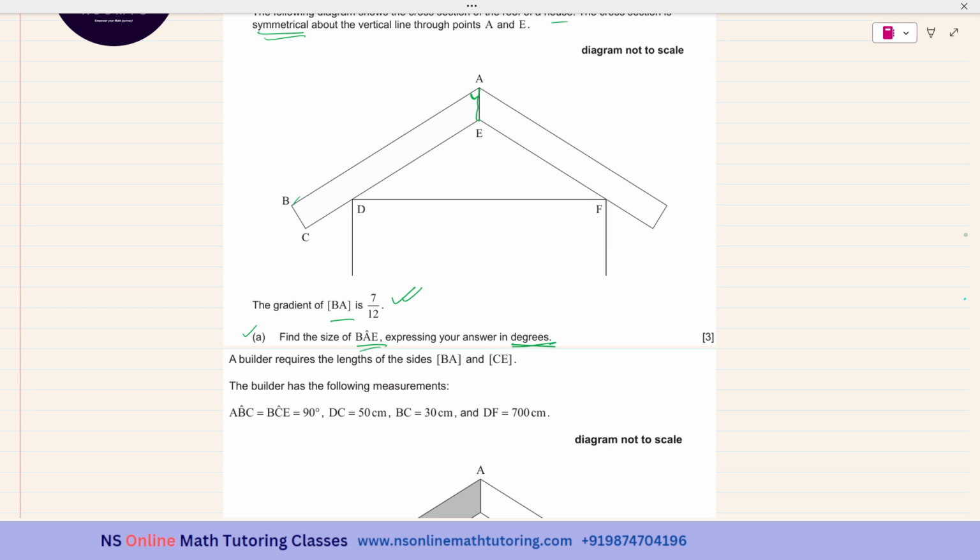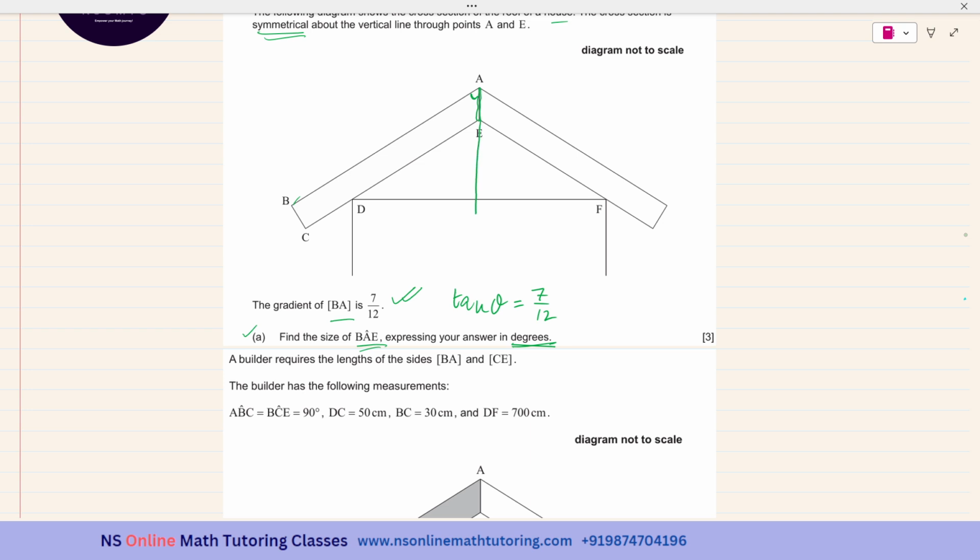So, the gradient is given. What is the gradient? Gradient is nothing but tan theta, so tan theta is equal to 7 over 12. Which one is theta?